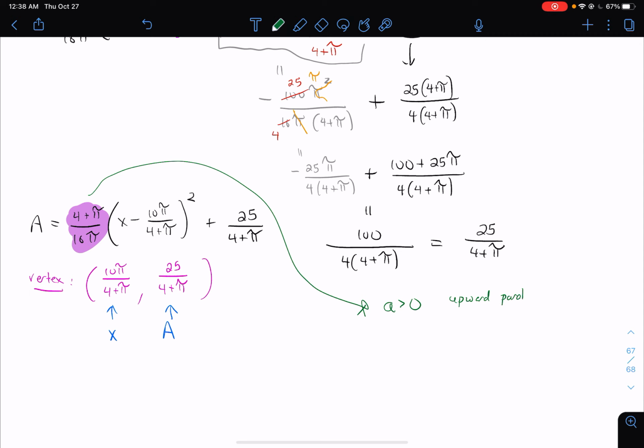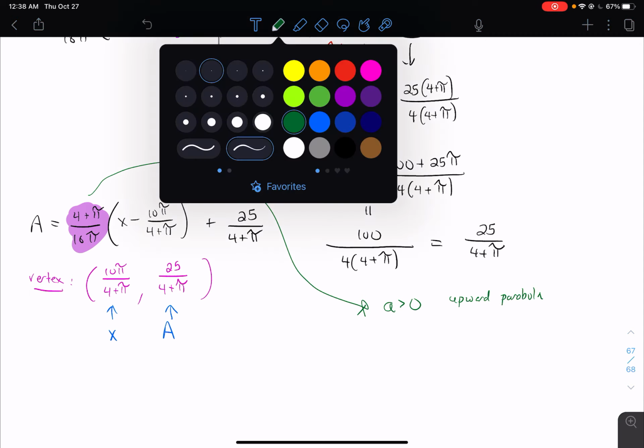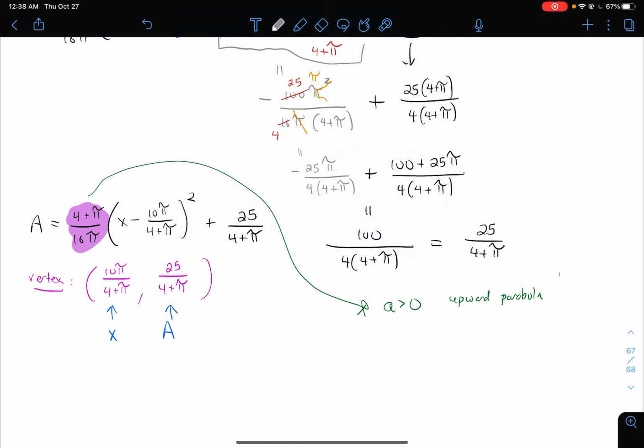I'll draw a picture. With an upward facing parabola, at my vertex we have a min. And that is what I want for this question, at least for part B. I want to find a min, and I know that's happening at the vertex here.